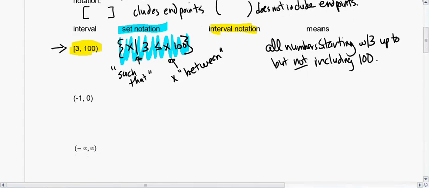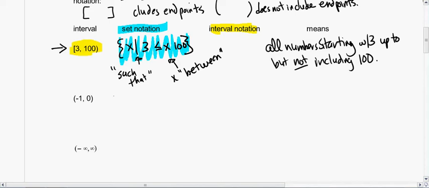Take a look at that next interval. This interval says all numbers between -1 and 0, but I'm not including -1 and I'm not including 0. It's numbers like -0.2 or -0.567, but not -2 or -1 and 0.